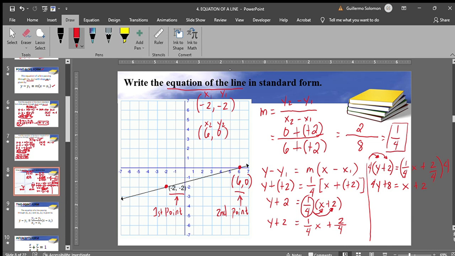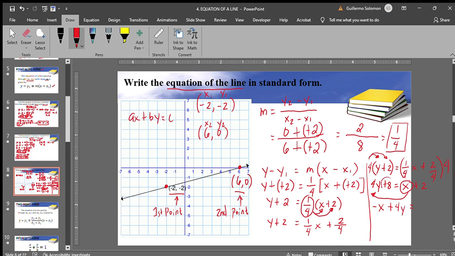So lahat, kailangan susundan natin ay ito, standard form, ax plus by is equal to c. Okay, so ito, x na to, ilalagay lang natin siya sa left-hand side. So from x, positive x, it will become negative x. And then rewrite positive 4y equals 8.